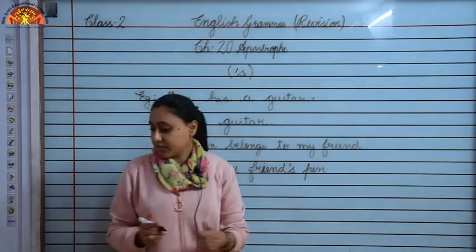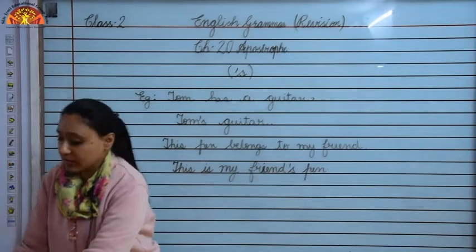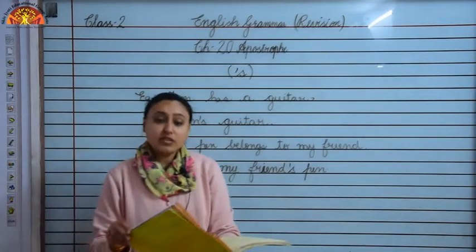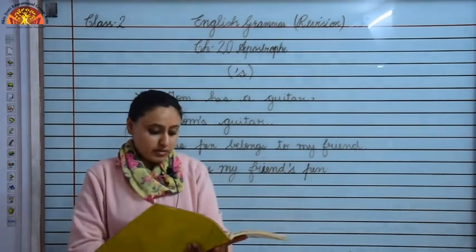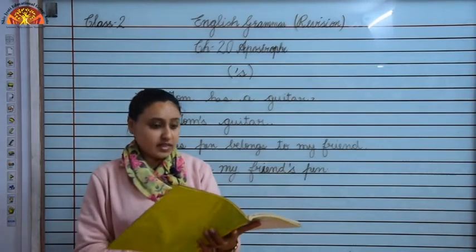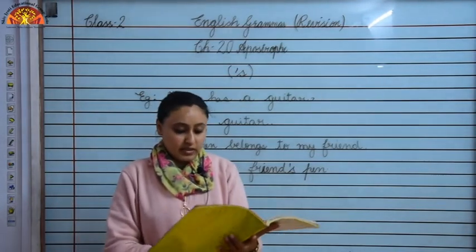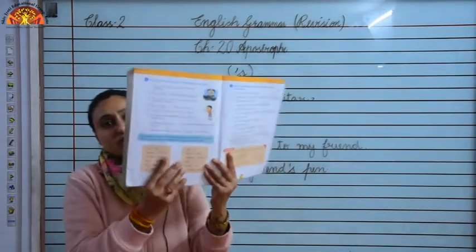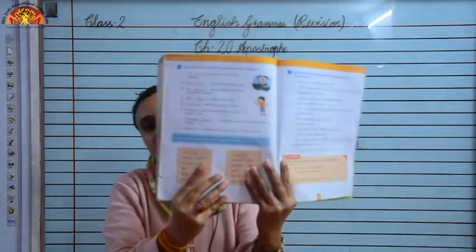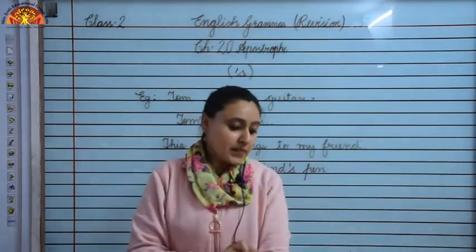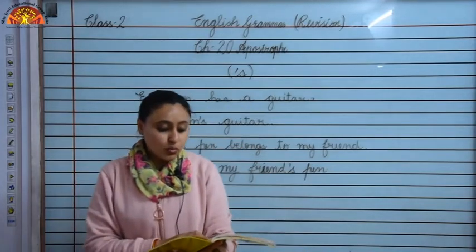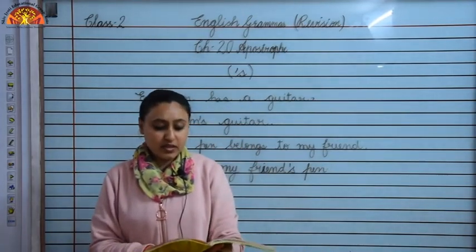Now children, we will learn about apostrophe with short forms. Okay. Beta, turn to page number 90. There is a blue box on page number 90. Look over here children. Sometimes we join two words using an apostrophe to make a short form.